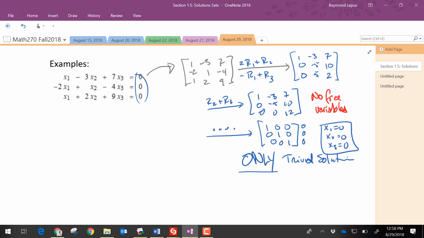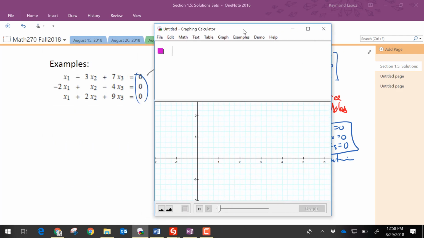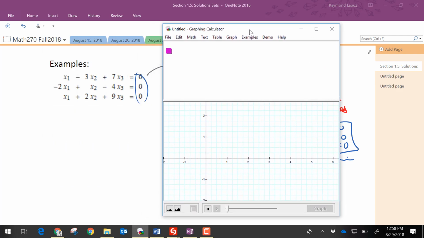Okay? While we're at it, let's take a look at the graph of these three. These are planes, by the way, or one can look at them as planes. We have x minus 3y plus 7z equals 0, minus 2x plus y minus 4z equals 0, and x plus 2y plus 9z equals 0.